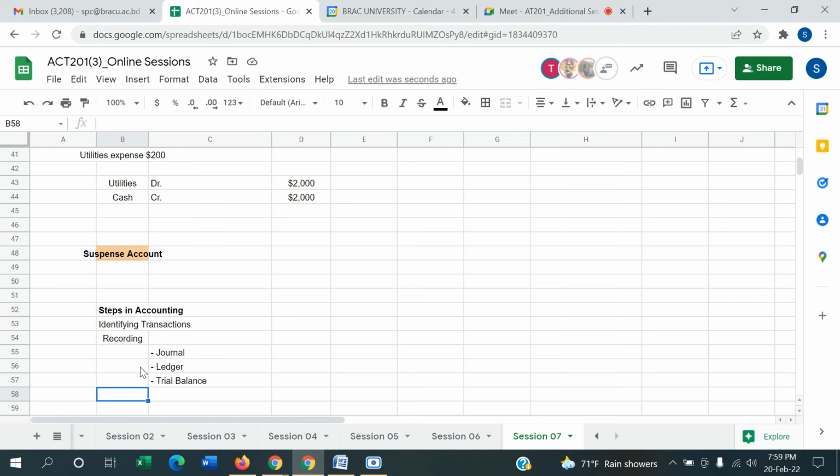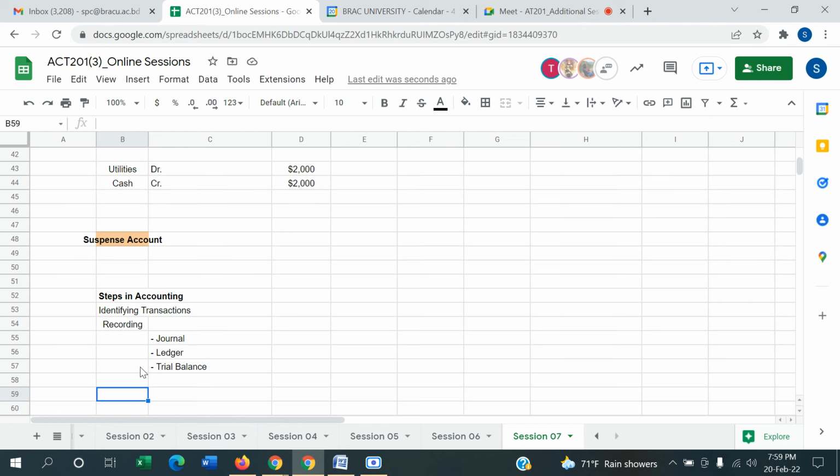That means from the trial balance we can prepare profit or loss, the preparation of financial statements.